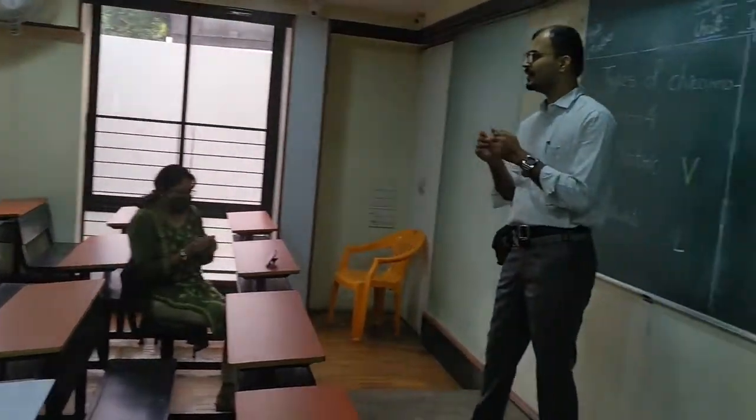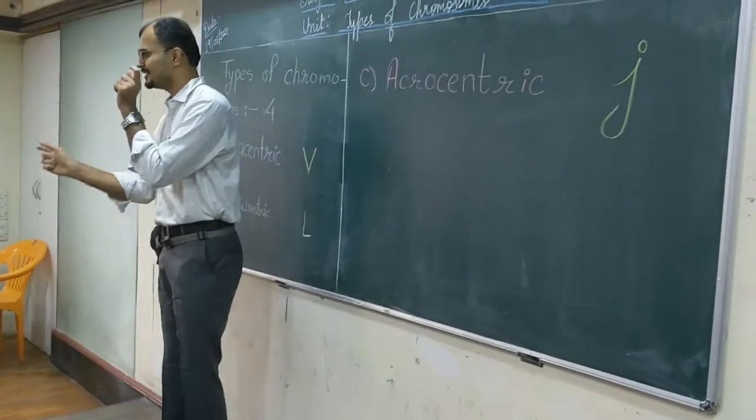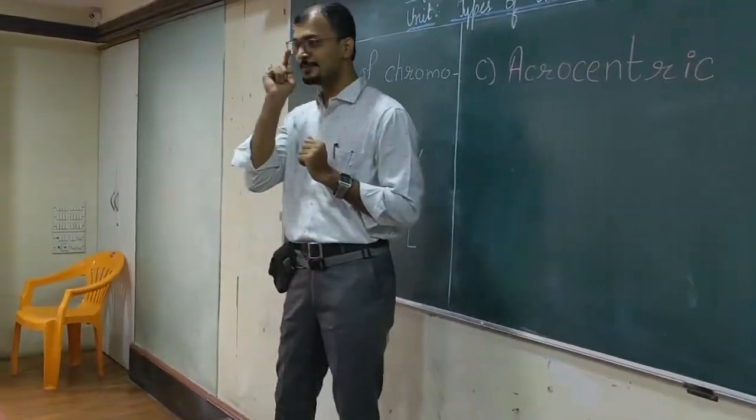Can anyone in the classroom change one single word from the definition told by her? Actually, it's the centromere which is shifted upward, and the acrocentric has a satellite at the end, and it is of a shape of J. Very nice. So see, only one word was not right. Okay, that's good. You will keep it in mind.